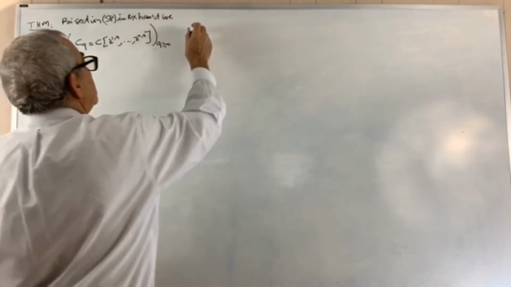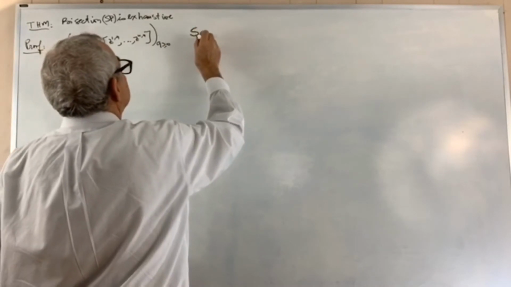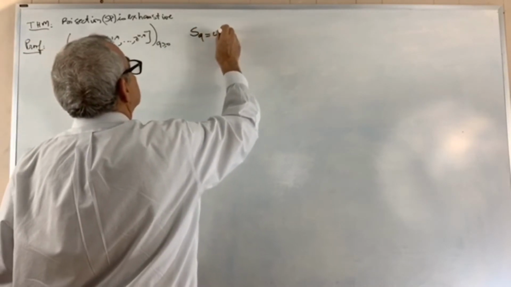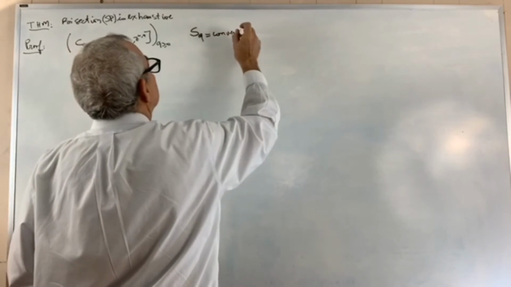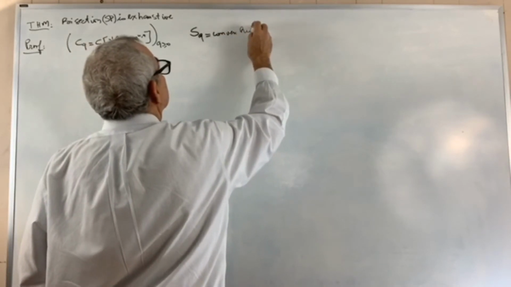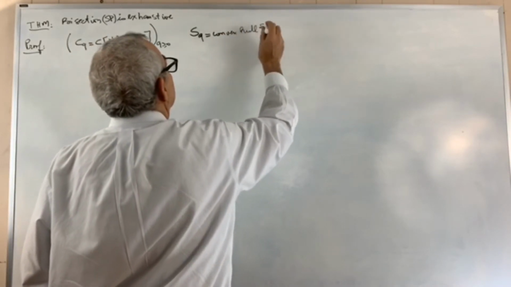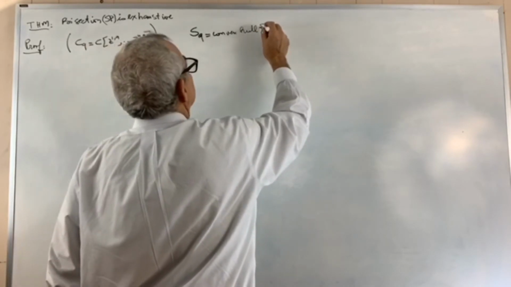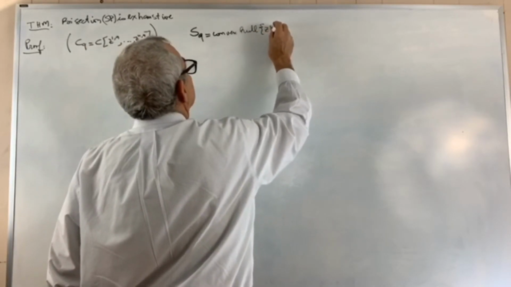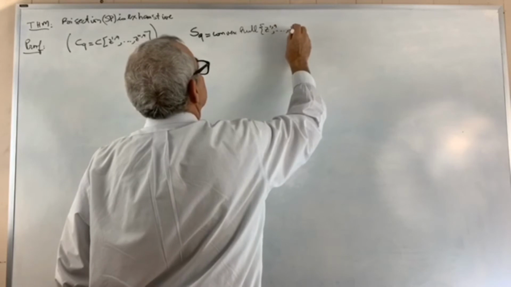And then here the simplex SQ is just the convex hull of Z1Q, etc., ZNQ.